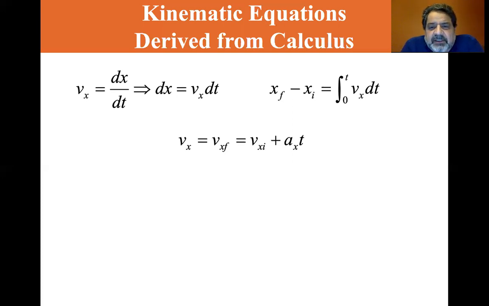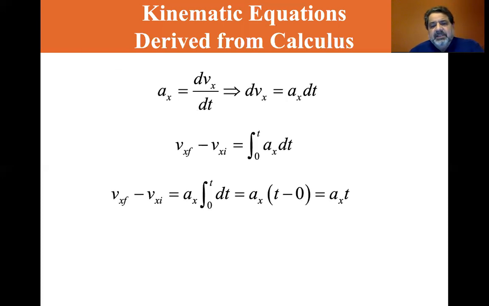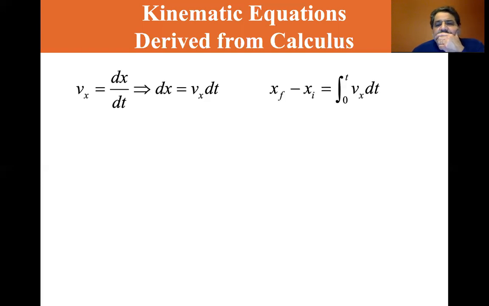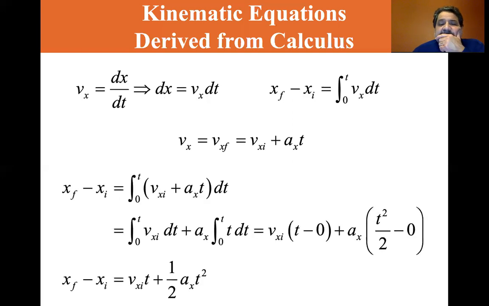Vx final equals Vxi plus at. That's the result at that bottom equation. Vx final equals Vx initial plus at.